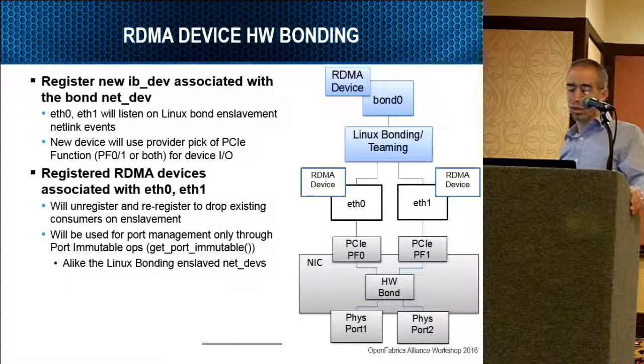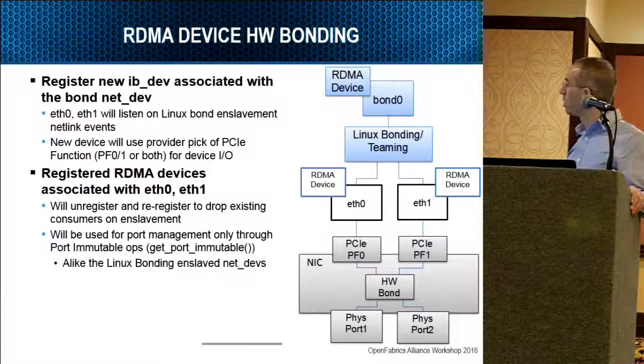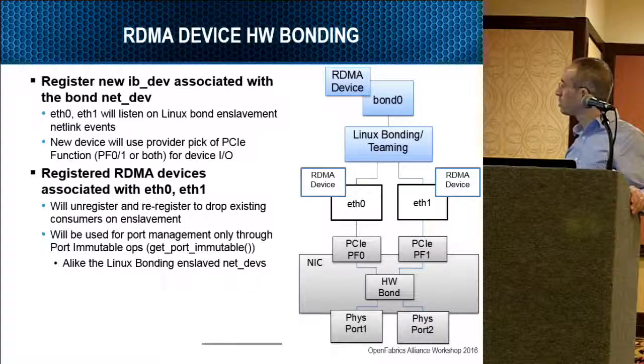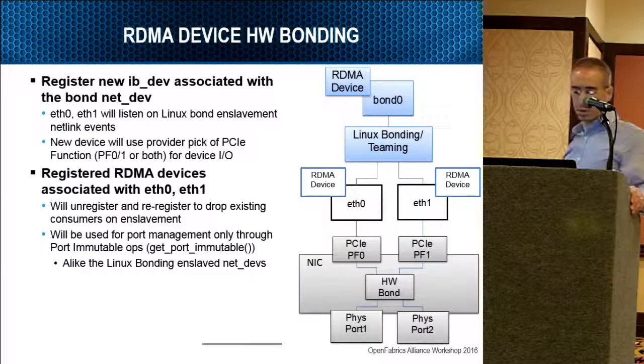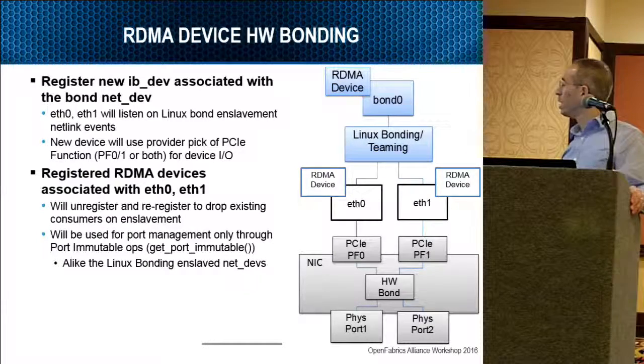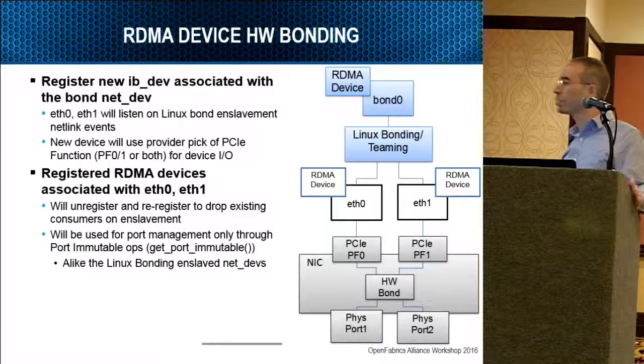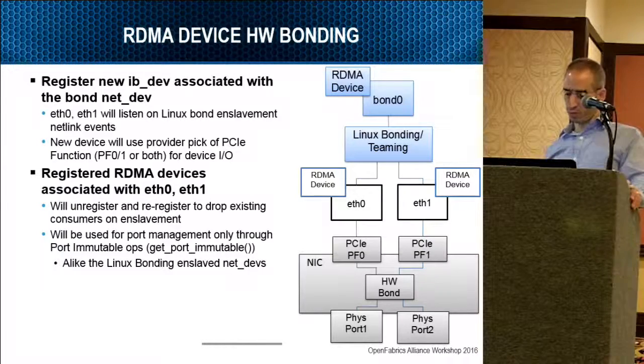So we unregister and re-register those IB devices. And why do we need those? Similar to those network devices, in order to manage the physical ports. So we can use the IB device tools to still manage the ports, not transmit or receive any data, only for management.